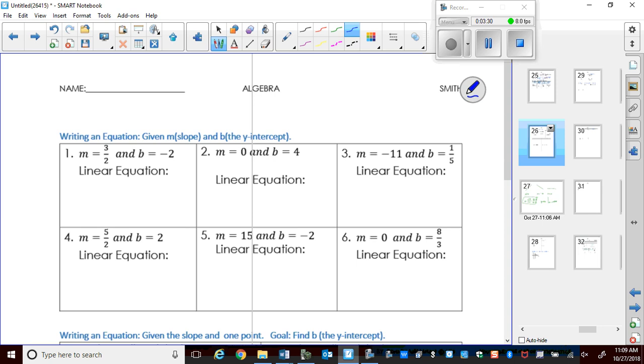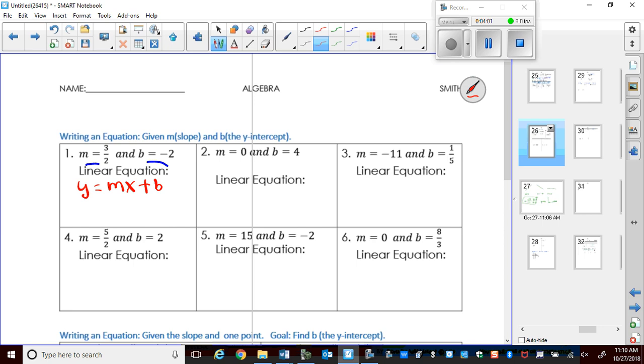So first, we're going to use the first box. This is writing an equation. They give me the slope. They give me the y-intercept, right? So I want to know how to write the equation. We're going to write the equation in slope-intercept form: y equals m times x plus b.